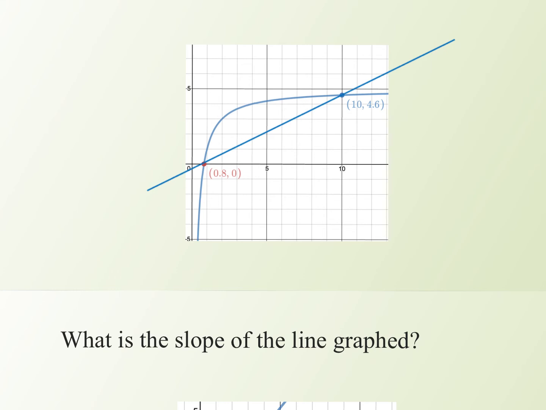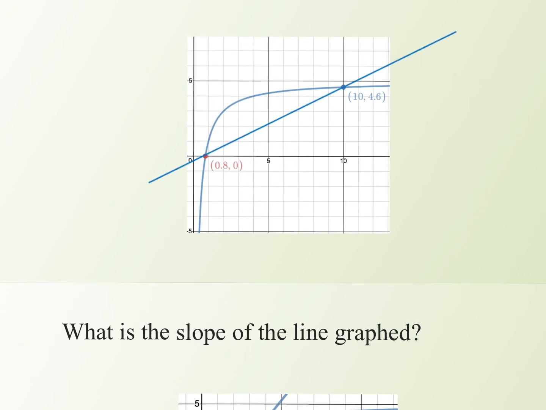And if I want the slope of this line, we know that the slope is the change of y over the change of x, or in other words, 4.6 minus 0 over 10 minus 0.8. Or, if I simplify that, 4.6 over 9.2, which is 1/2. All right, continuing.